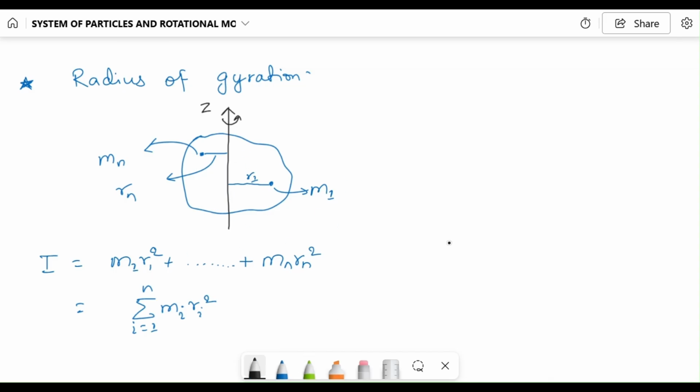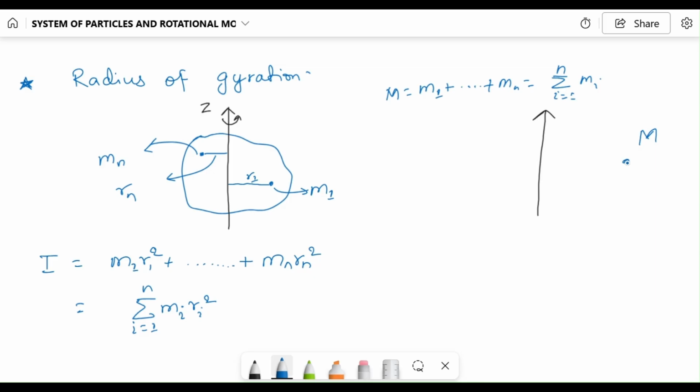Now let's make an equivalent arrangement for this. Let's say we have a particle here, and the mass of this particle is capital M, which is nothing but the sum of the masses of all these particles, m1, m2 up to mn, or simply the sum from i equals 1 to n of mi.